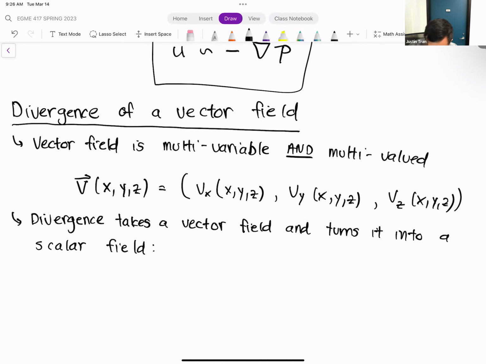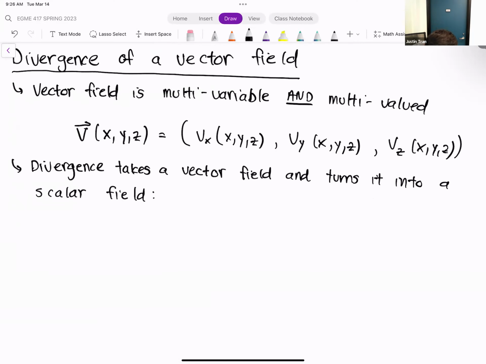So mathematically, it looks like this. We take our nabla operator, the upside down triangle, and we're going to take the dot product between that and our vector v. All right. And so when we do that, we're going to take basically the partial derivatives of each of the components of the vector v, and then add them together.